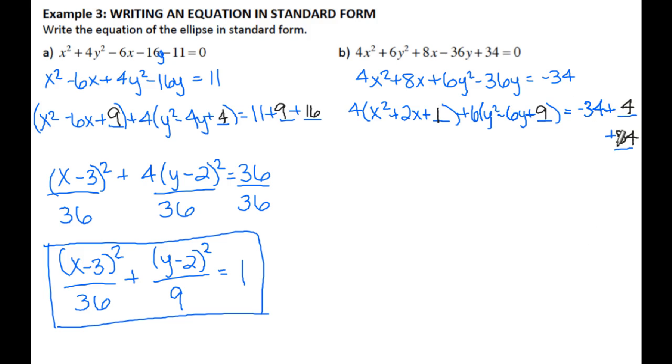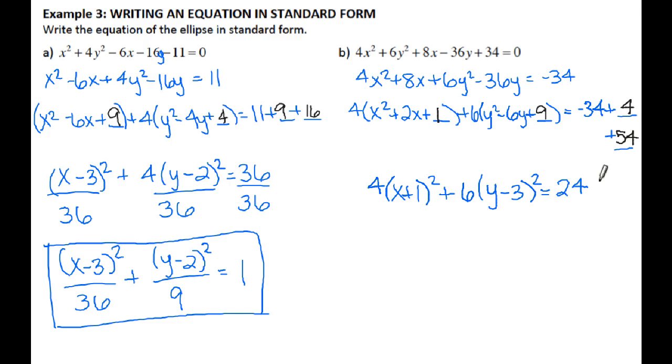And then from here, I can factor my quadratics. So I have 4 times (x plus 1) quantity squared plus 6 times (y minus 3) quantity squared equals negative 34 plus 4 is negative 30, plus 54 is 24.